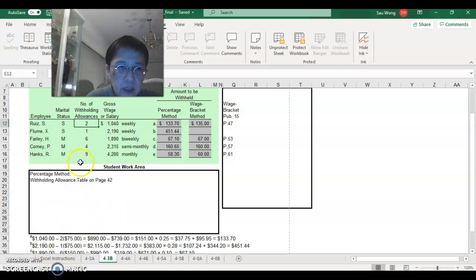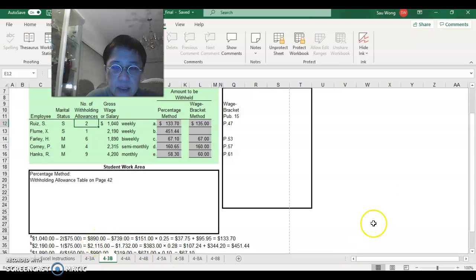You take the $1,040 minus the $75 times 2, because he has 2 withholding allowances, and that equals $890.